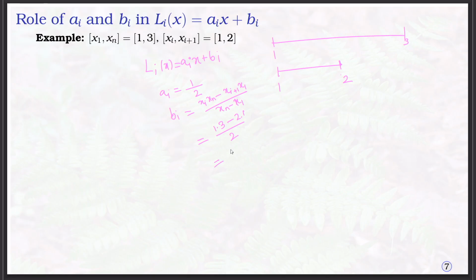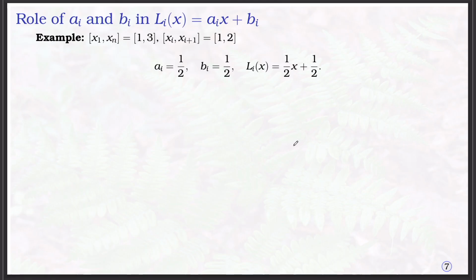So one can again get 1 by 2. Therefore we get the two maps, the Ai value as 1 by 2 and the Bi value as 1 by 2. Therefore, we are getting Li(x) equal to 1 by 2 x plus 1 by 2.